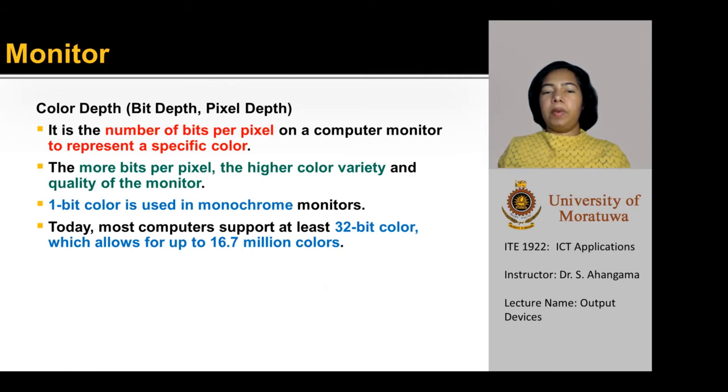The more bits per pixel, the higher the color variety, and the quality of the monitor also depends on that. 1 bit color is used in monochrome or black and white monitors. Today, most computers support at least 32 bits, which allows for up to 16.7 million unique colors.